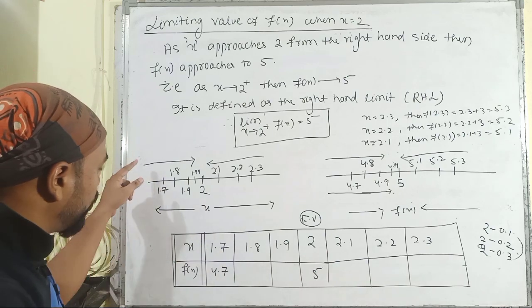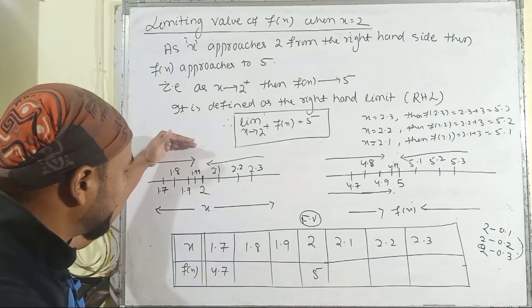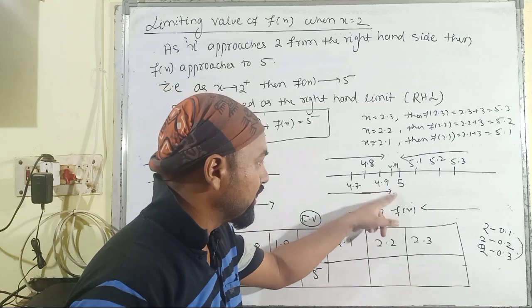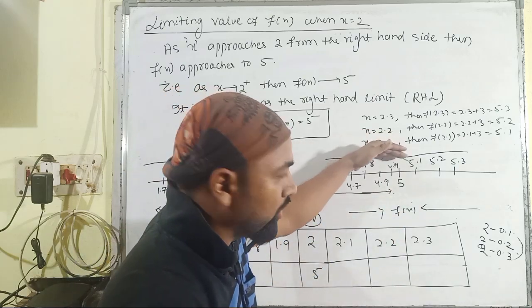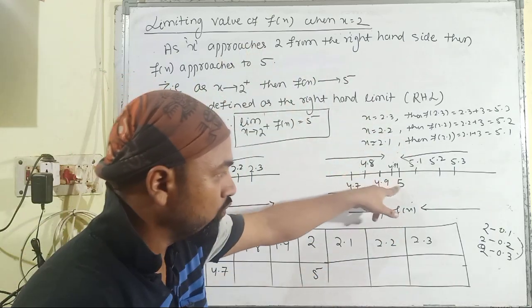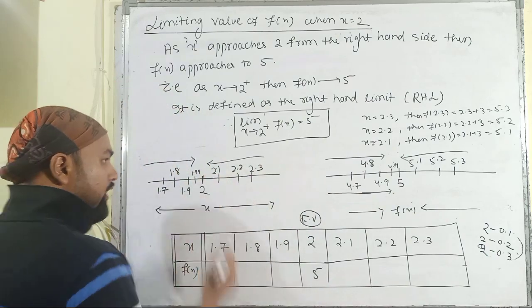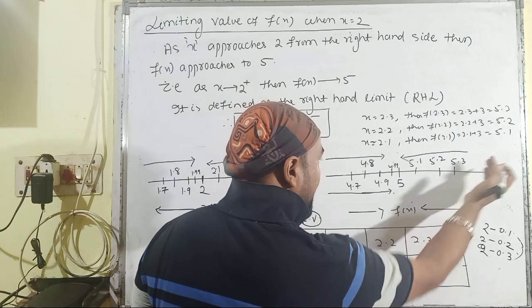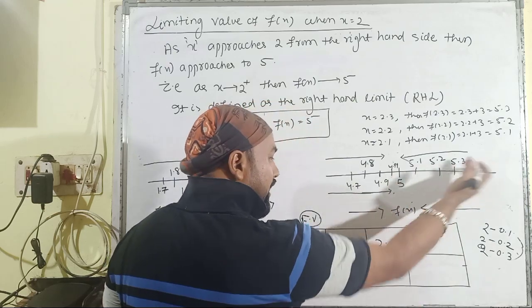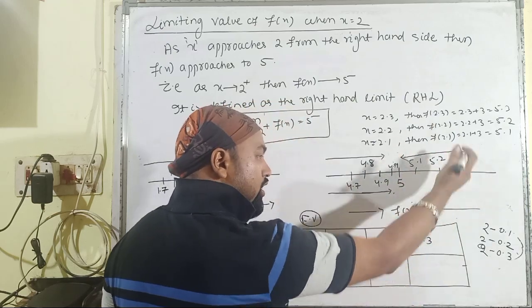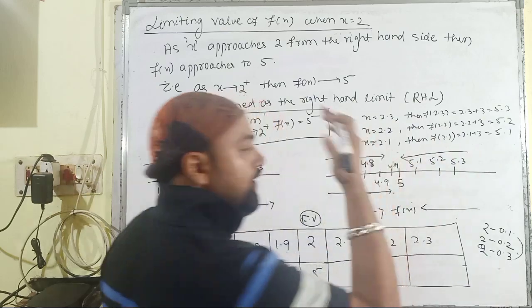When x approaches 2 from the left hand side, the value of f of x approaches 5 from the left hand side. It is getting closer to 5. When x gets closer to 2 from the right hand side, the value of f of x gets closer to 5 from the right hand side.